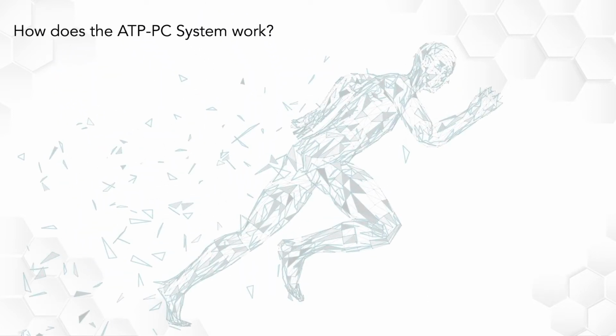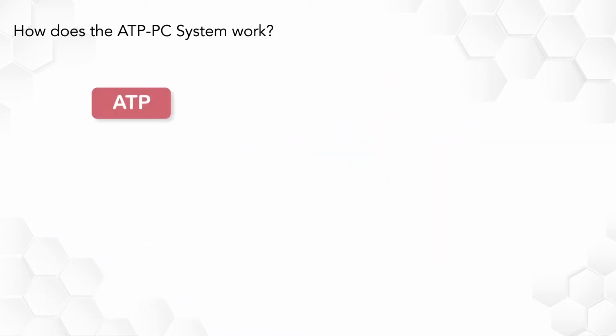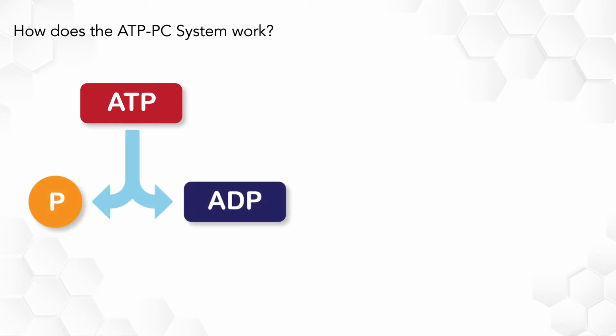So how does the ATP-PC system work? There are only a few steps involved in the ATP-PC system, which is why it can provide energy so quickly. Initially, ATP stored in the myosin cross bridges, which are microscopic contractile parts of muscle, is broken down to release energy for muscle contraction. This leaves us with adenosine diphosphate and one single phosphate, which are known as the byproducts of ATP breakdown.